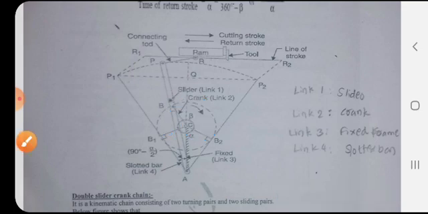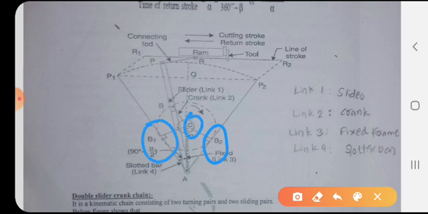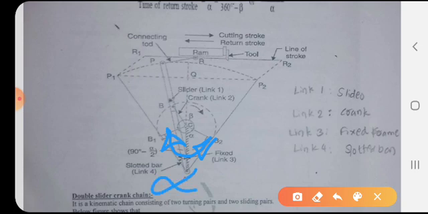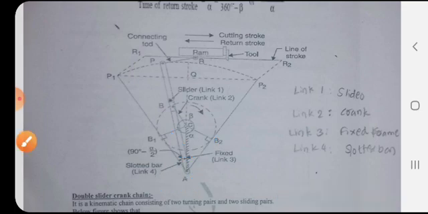The return stroke occurs when the crank rotates from position CB2 to CB1. This angle is alpha, also in the clockwise direction.